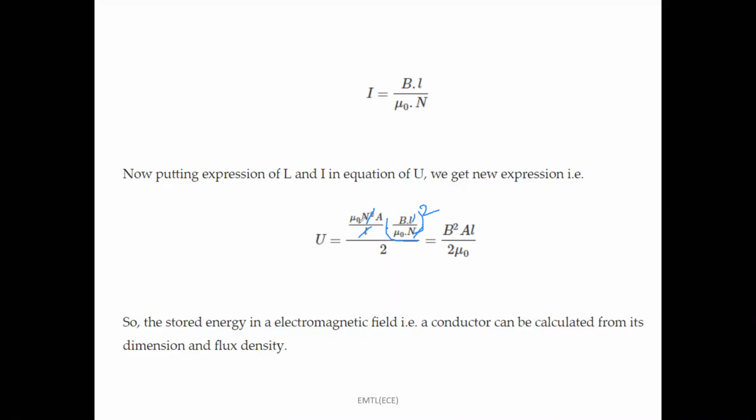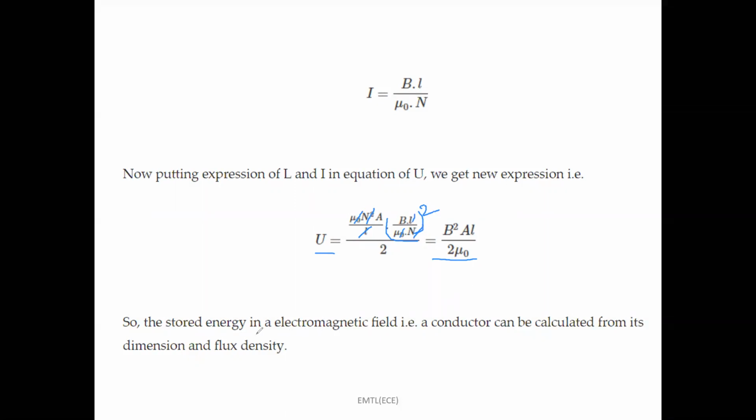Simply mu naught, one mu naught is cancelled. Then finally B square, A, there is one l value. In the denominator there is a 2 and one mu naught also. So finally the expression U is equal to B square A l by 2 mu naught.